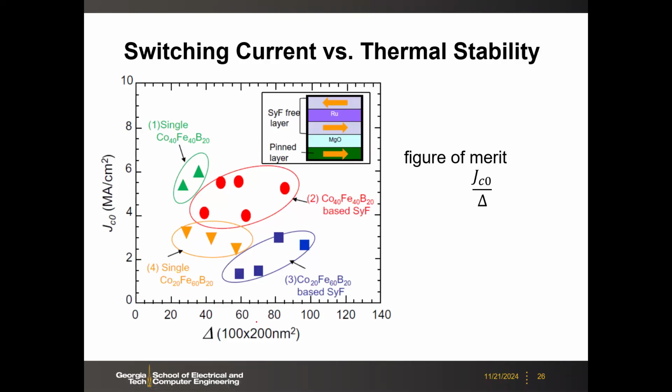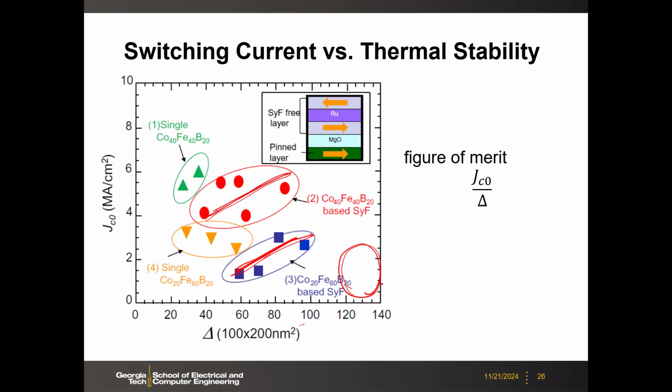So here, what you prefer is in this corner. But in many cases, you will see the trade-off aligned this way. Larger stability, but also higher current.